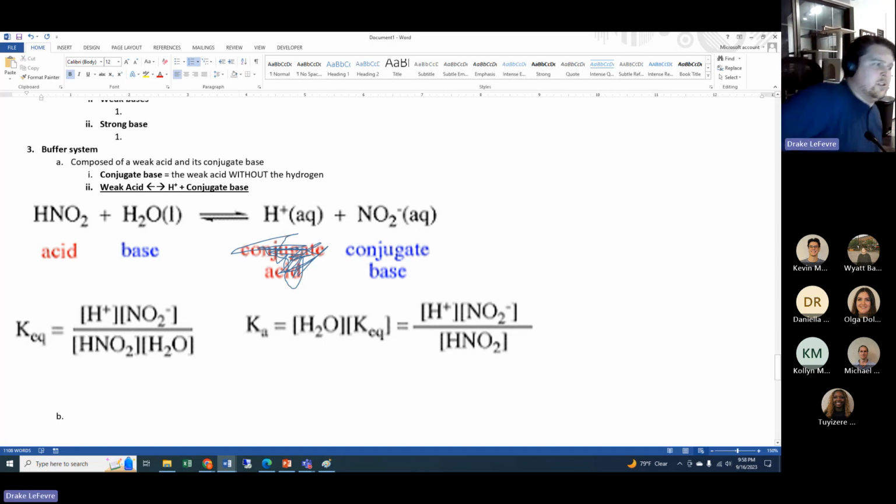You are not going to have to do all of the equations and stuff, and he's not going to be mean with this sort of stuff. It's more understanding the concept: when you put a weak acid into water, you get hydrogen released, and the conjugate base is now in the solution.